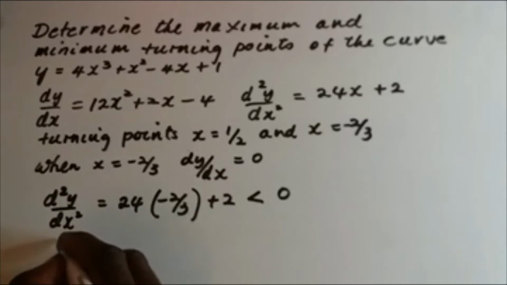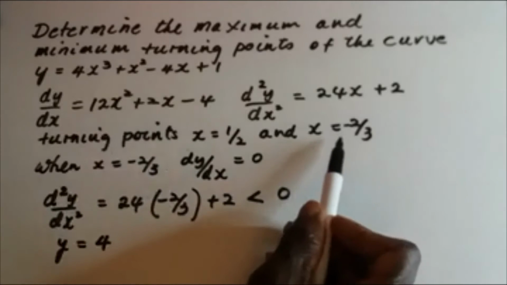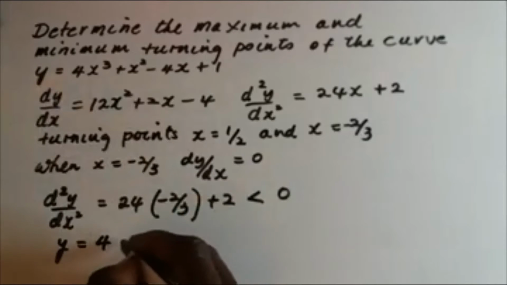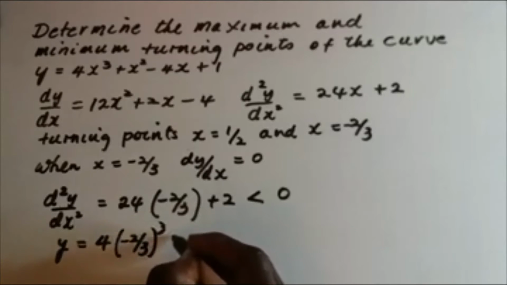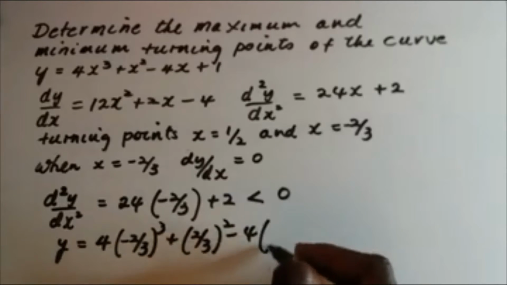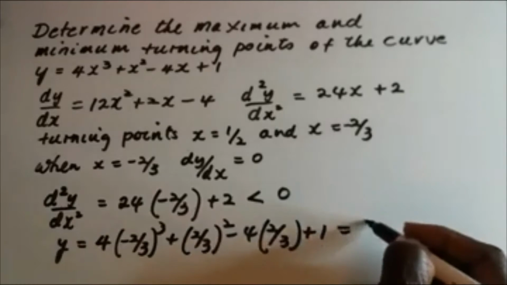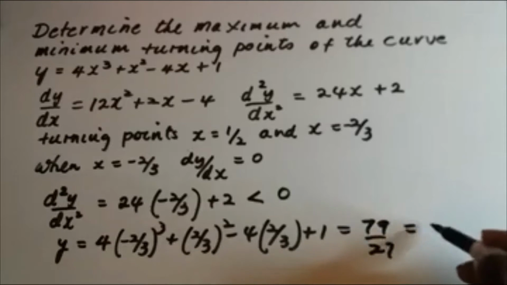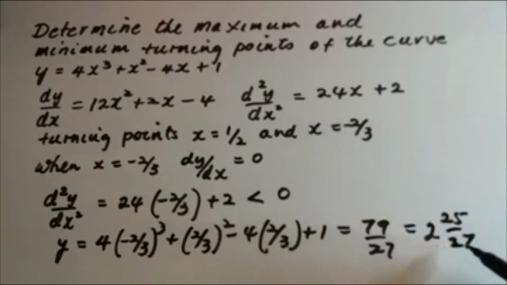And to find our y-coordinate, we have to substitute x as minus 2 over 3 into the equation of the curve. That is minus 2 over 3 squared minus 4 times minus 2 over 3 add 1. And this gives us 79 over 27, which is 2 and 25 over 27.